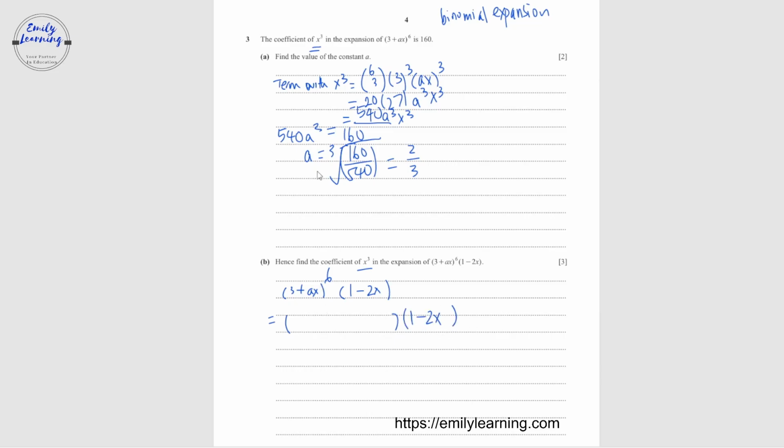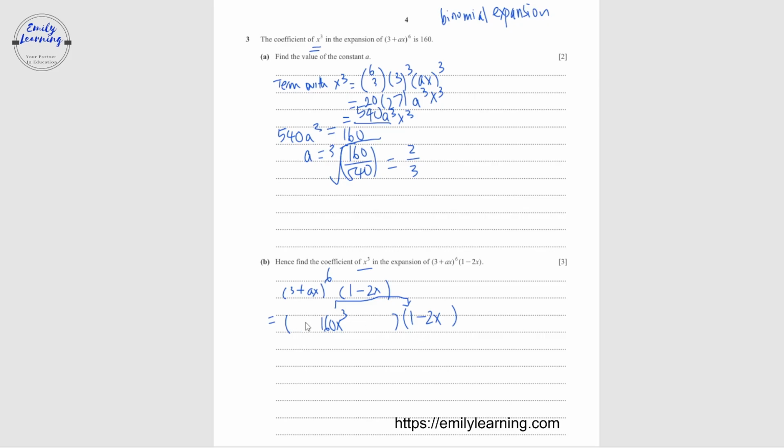I know that 160 x cubed times 1 will give me a term with x cubed. Now, there will be another term in the expansion of (3 + ax) to the power of 6 which will need to be multiplied with minus 2x to give us an x cubed term.